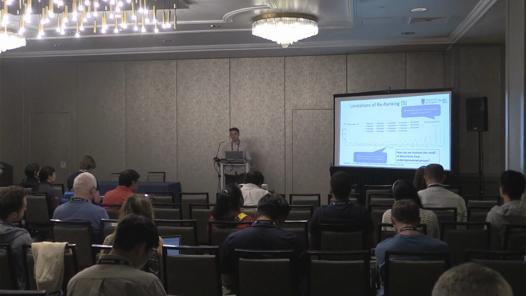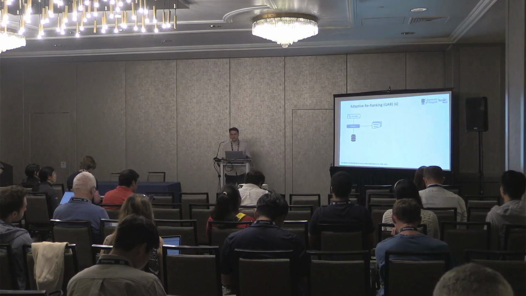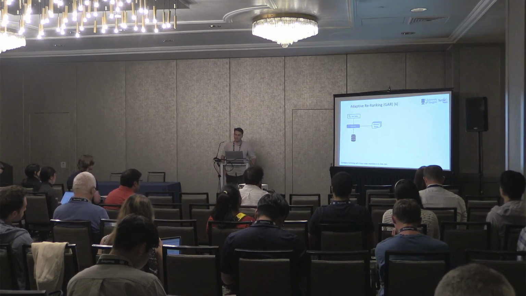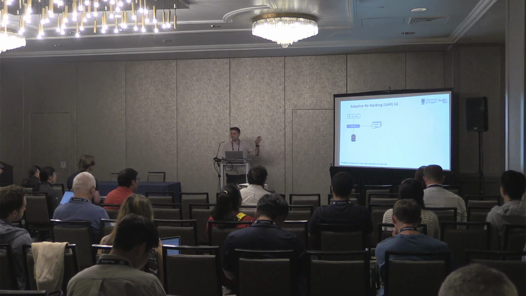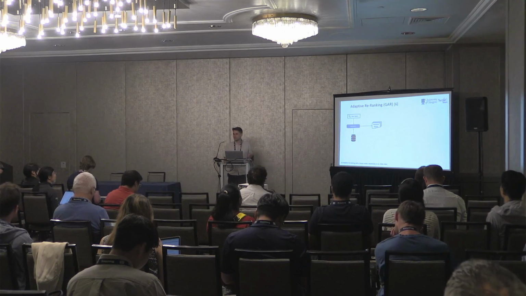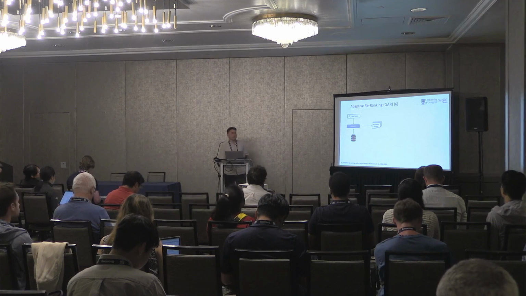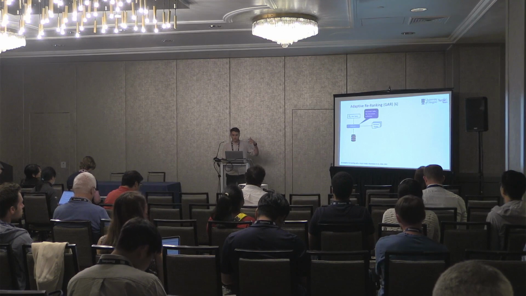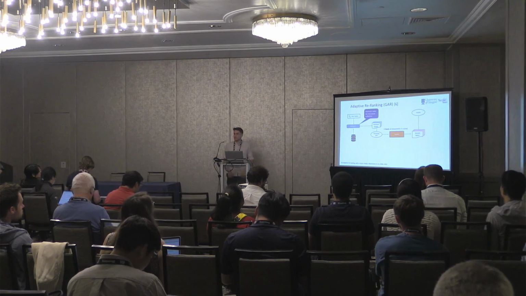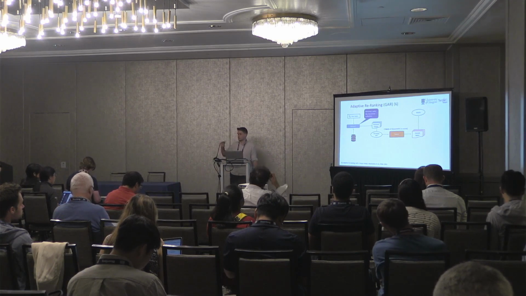One state-of-the-art method to increase the recall is adaptive re-ranking, which was introduced by MacAvaney et al. at SIGIR 2022. I will briefly describe how this adaptive re-ranking works. We start out once again with a simple retriever that gives us the initial retrieval. From this initial retrieval, a batch of documents is taken and is then scored by the re-ranker.